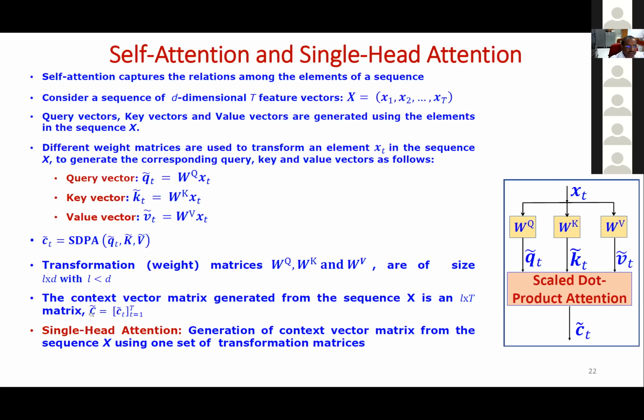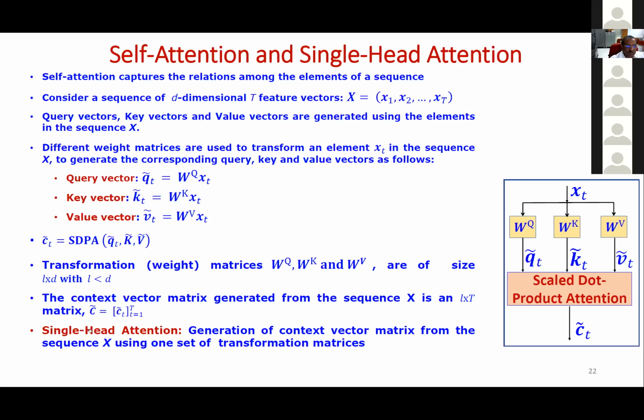And then this Ct vector is also going to be of L dimension. And then we put all these Ct vectors that are generated for all the elements in the sequence in a matrix to define what is called a context vector matrix.